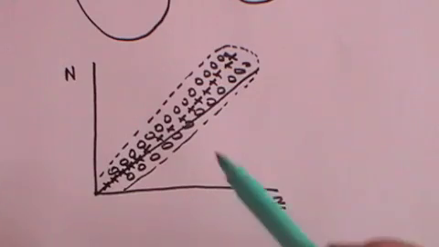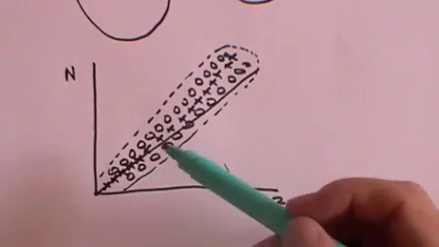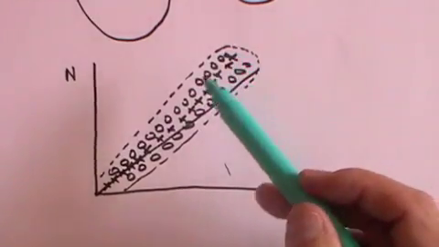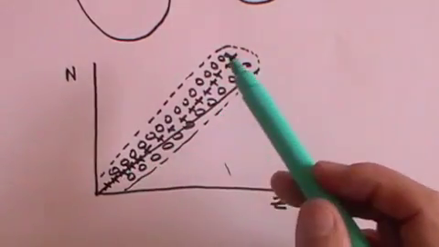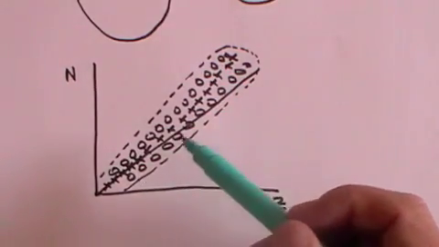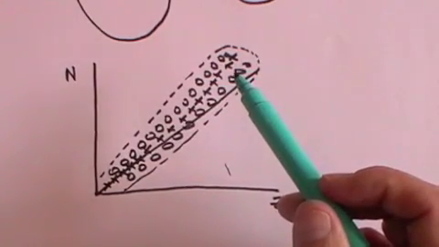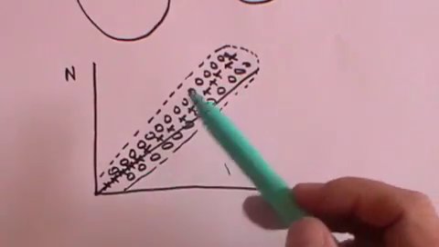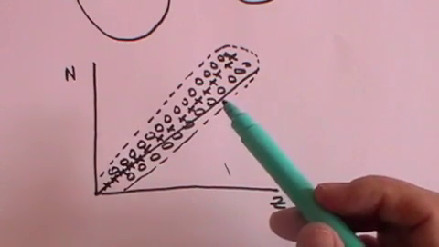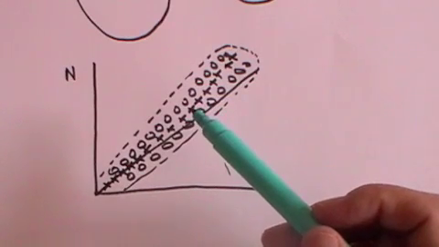Well, let's first consider what happens with these unstable nuclei. Now, as I've said, in the series of circles which are above the stable line, basically you've got excess neutrons, and below the stable line you've essentially got excess protons. And what happens with those unstable nuclei is that they will decay, they will change in order to get onto the stable line.